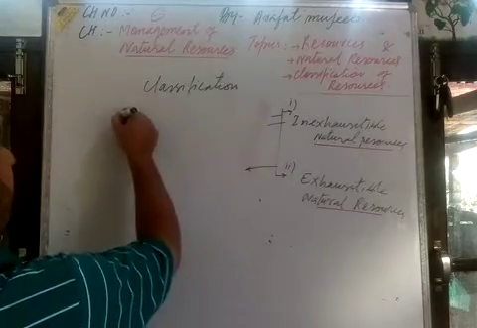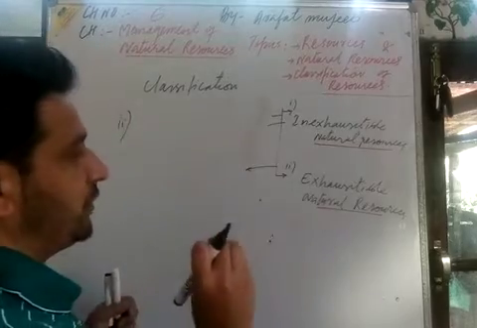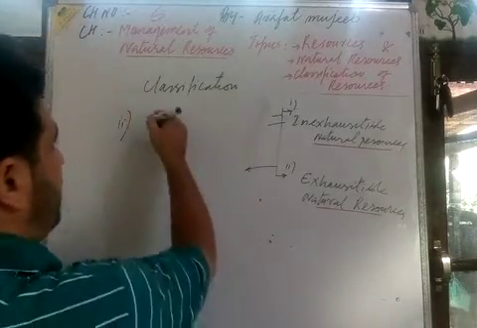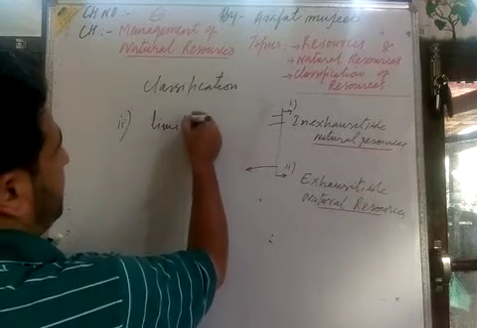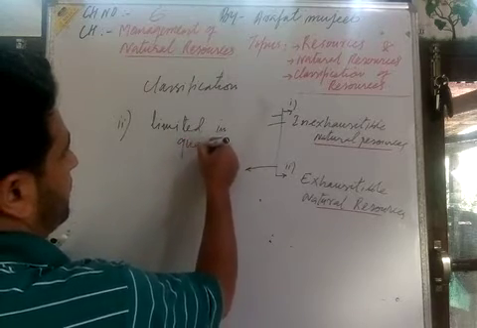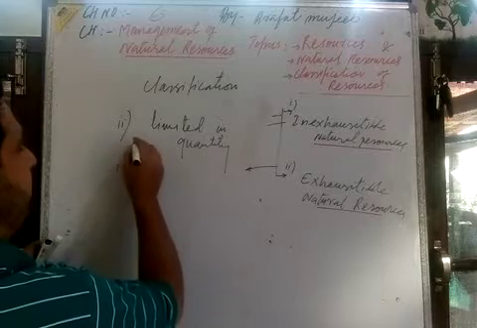Now the second type, exhaustible resources. They become vanished after utilization. They are not anymore on the surface of the earth because of limited presence, limited quantity. That is the first point.